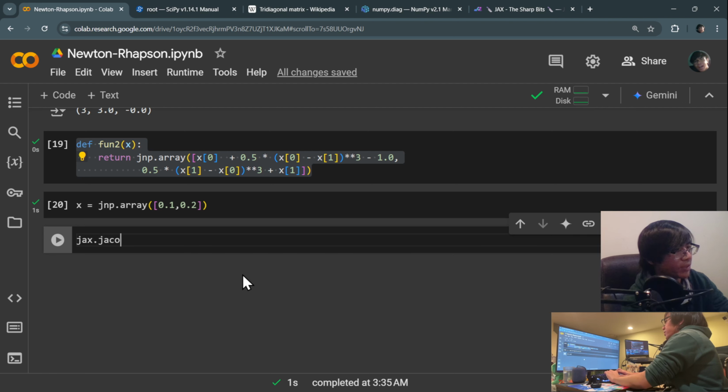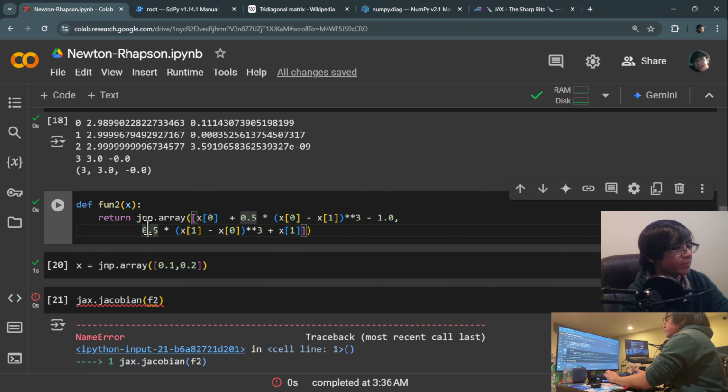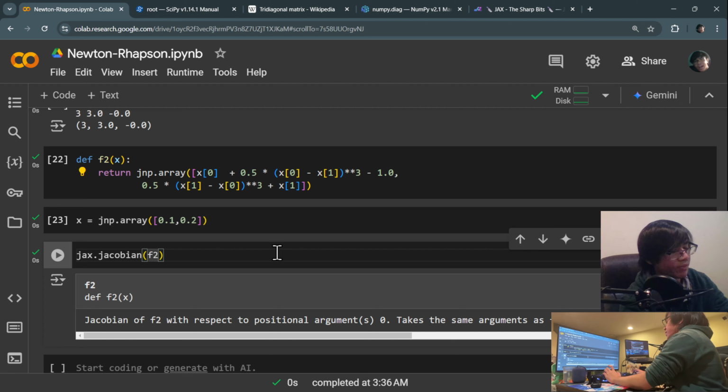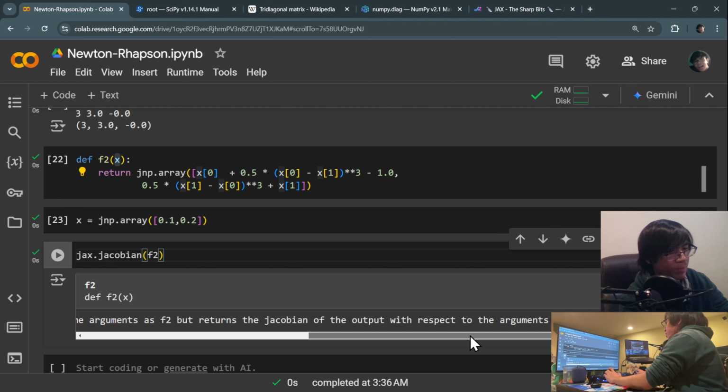So jax.jacobian of our function f2. Notice we didn't have to specify the parameters. There's only one parameter, and it does it automatically. So this idea of automatic differentiation, again, JAX is from Google, used in AI.